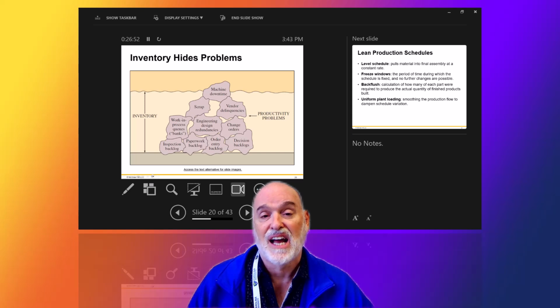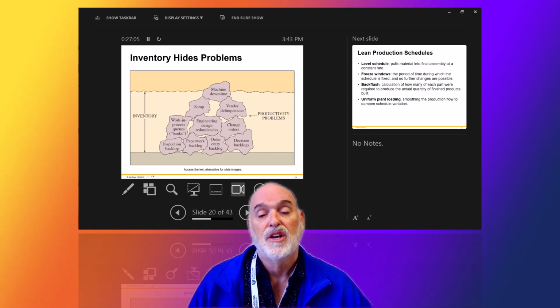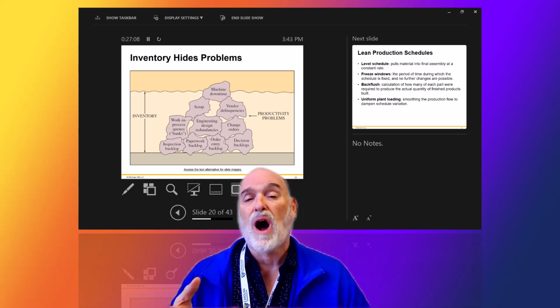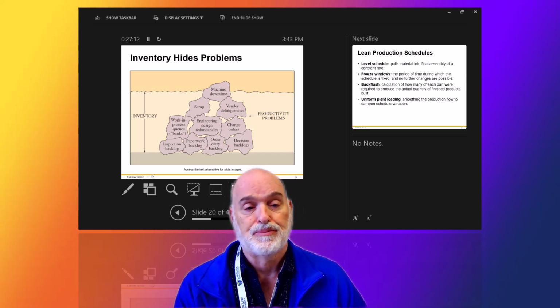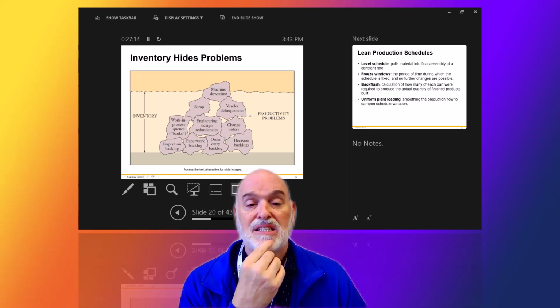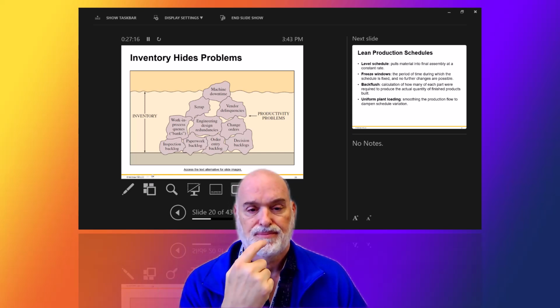But if it's JIT, you'll discover that much quicker. Engineering design redundancies, order backlog, all these different things are called productivity problems. And having a high level of inventory, you can hide that. But also the quality. High inventory also hides quality issues. So inventory hides a host of problems.